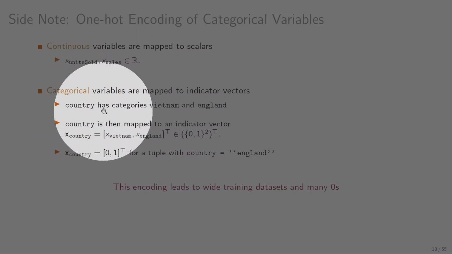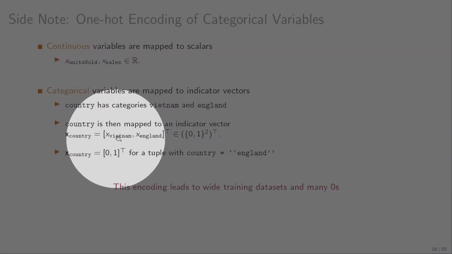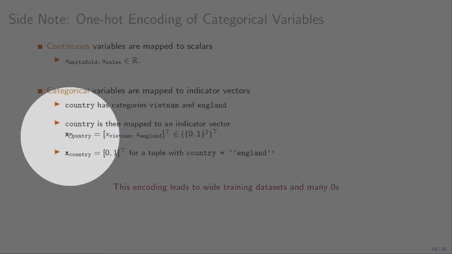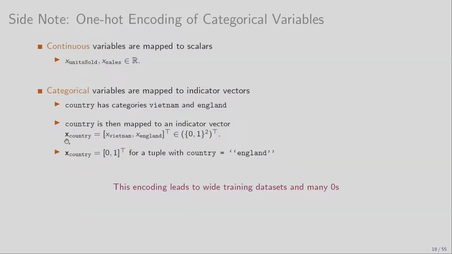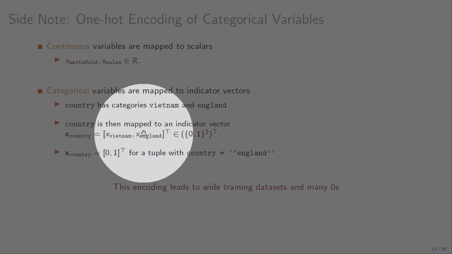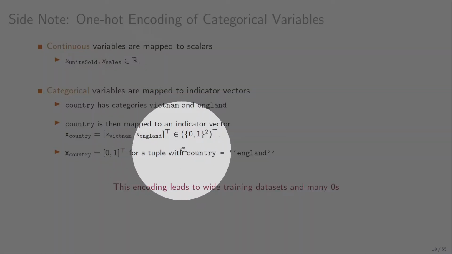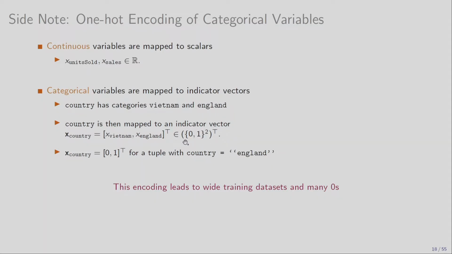An example of a categorical variable could be country. Assume country has two categories, Vietnam and England. Then country is mapped to an indicator vector of this form: x_country, where x is bold because it's a vector, is (x_Vietnam, x_England) transposed, and it has values in {0,1}^2.